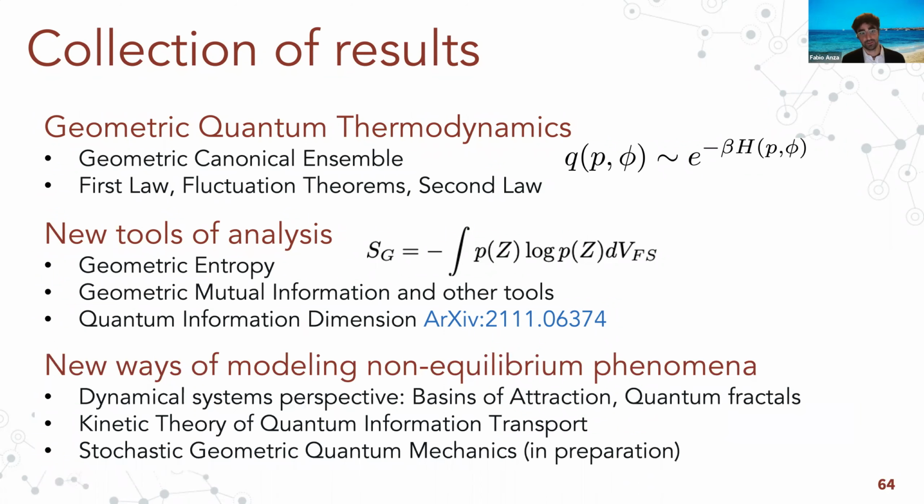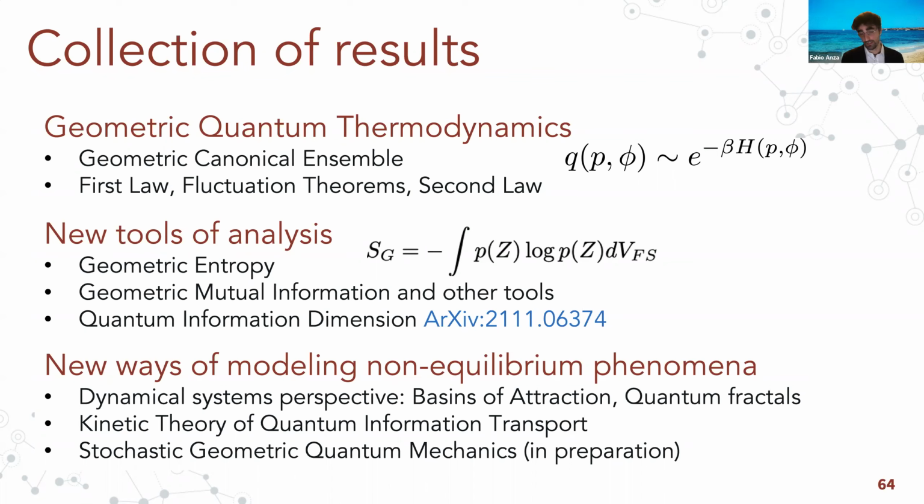So the suggestion here is that this should lead to new ways of modeling non-equilibrium phenomena, and in particular using the dynamical systems perspective, using concepts like basins of attraction or attractors and fractals. And of course, in this case, I've shown you the evolution for a globally pure state, but the evolution of the geometric quantum state can actually be stochastic, right?